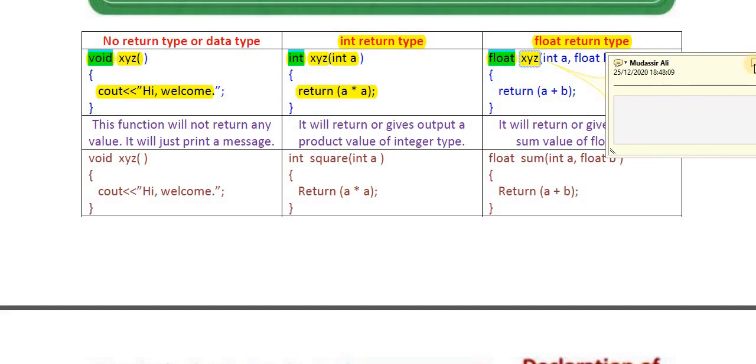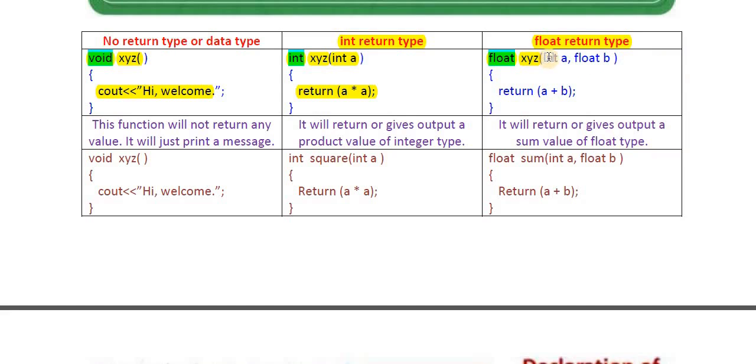Here we are using two parameters, a and b. a is integer type, b is float type. When we add a plus b, the result will be float type. For example, if a is 1 and b is 2.5, the output will be 3.5, which is a float value. So here we have taken the float data type. We can give any function name here.